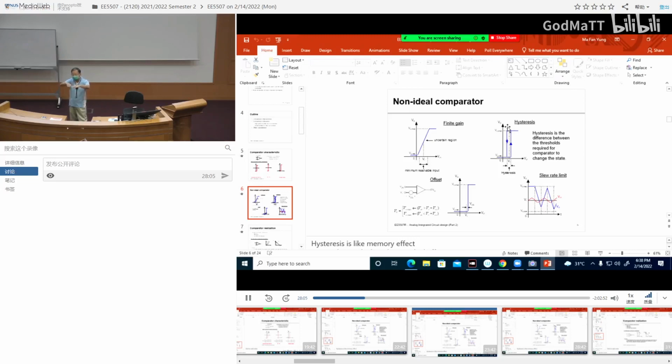So you will see your output changing, because the noise makes it higher, makes it lower. But if you have hysteresis, and it is big enough, you will be able to reject some of this noise. Your output trips high, and even though there's some noise, it will not go back low again, because the switching point has shifted due to hysteresis. This is one example.